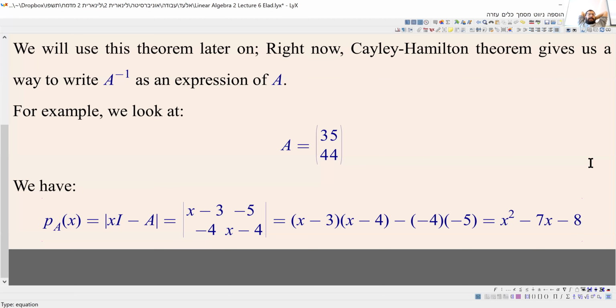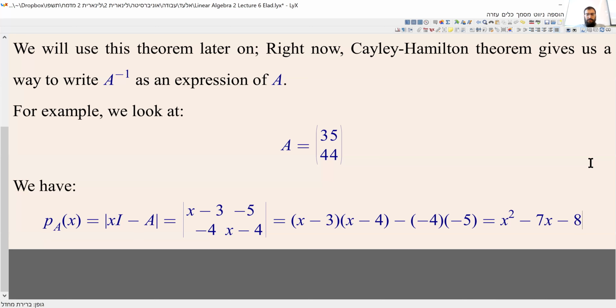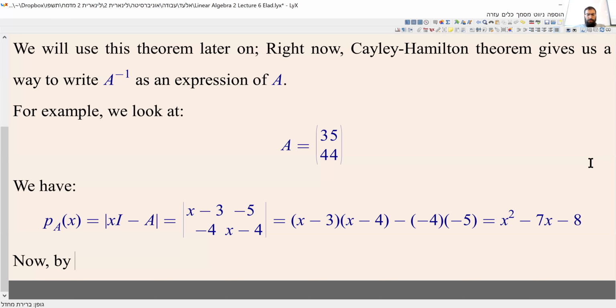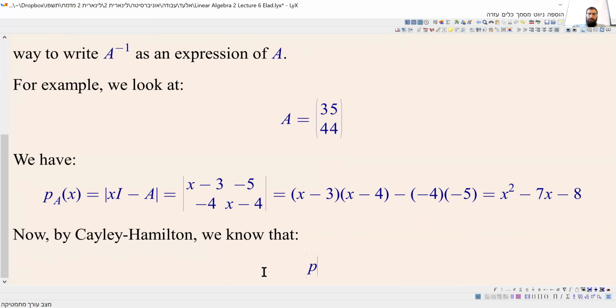Just a thought. And what does the Cayley-Hamilton theorem state in this specific case? By Cayley-Hamilton, we know that p_A(A) is 0.